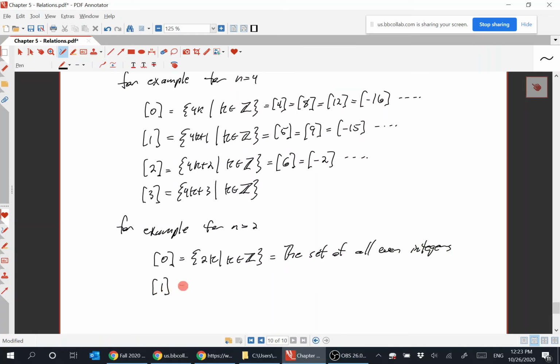And the equivalence class of 1, it's the set of all 2k plus 1. This is the set of all odd numbers.